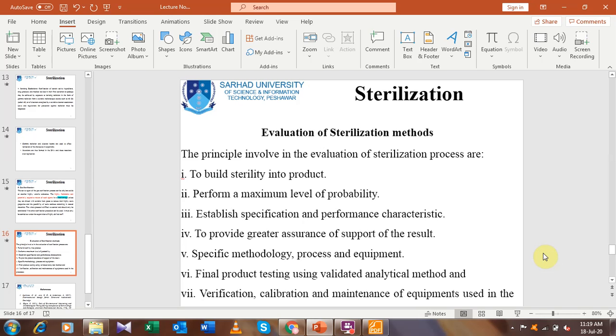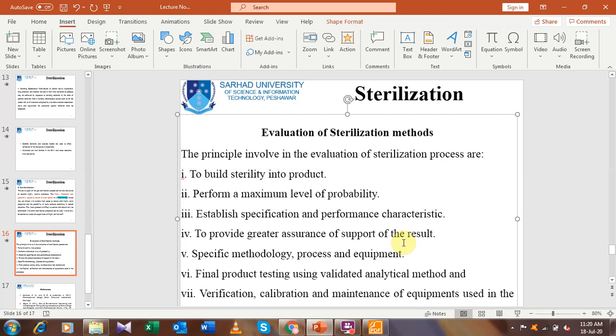What are the specifications, performance criteria, and salient features we must consider for evaluation of sterilization processes, to provide the greatest assurance that the results are supported by the quality assurance level, in short QAL, of this sterilization process.